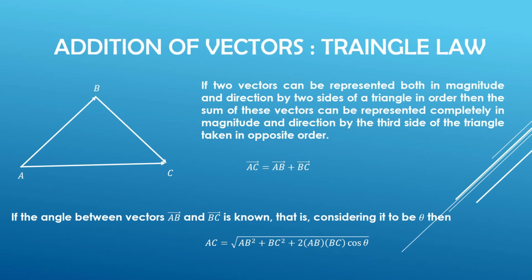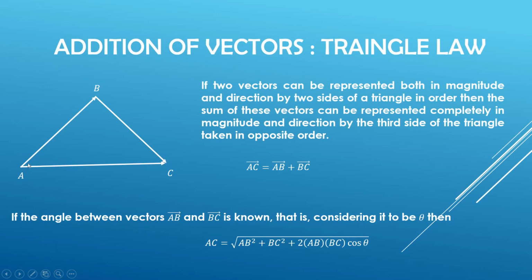Then the third vector, that is the sum of these vectors, can be represented by the third side, the AC vector, of the same triangle taken in opposite order. What do I mean by opposite order? Let us consider the triangle ABC. AB and BC are the two known vectors. Then AC is another vector, that is my resultant vector.